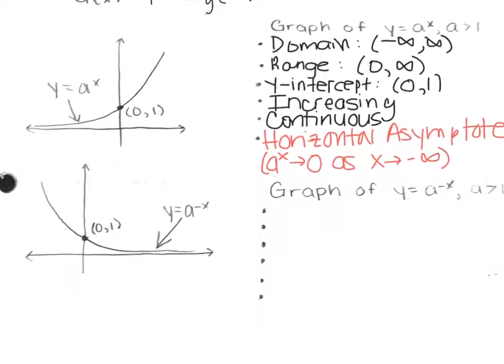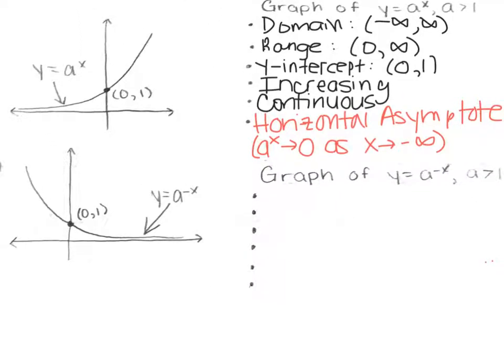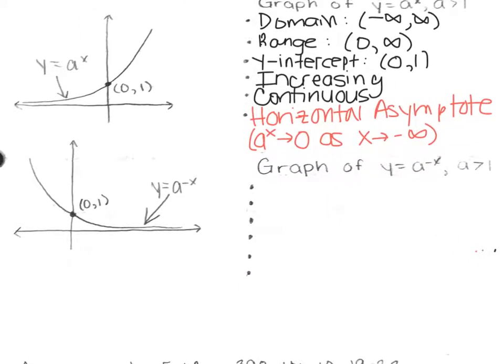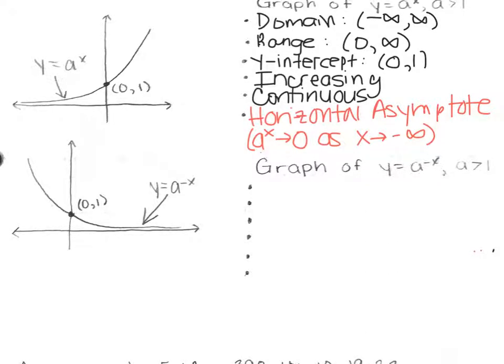All right, so let's take a look then at the graph of y equals a to the negative x. This has some similarities and some differences to y equals a to the x. The first thing is our domain.